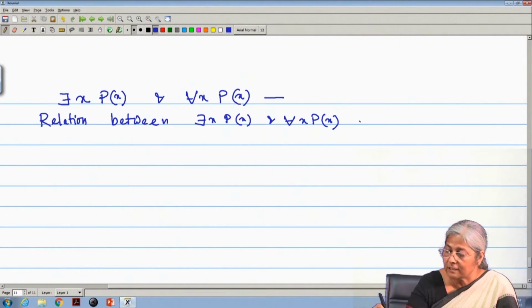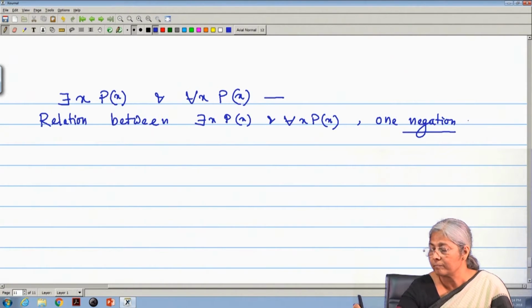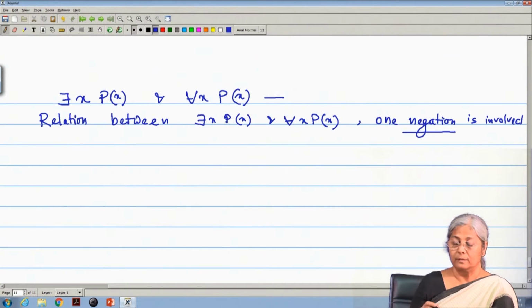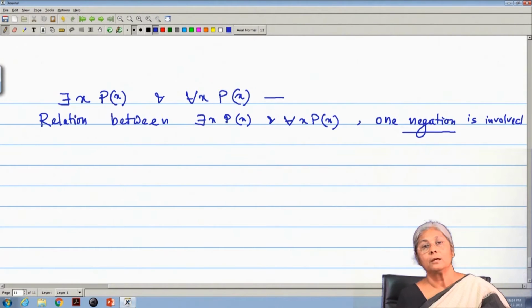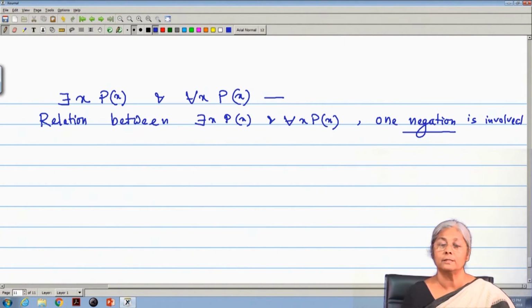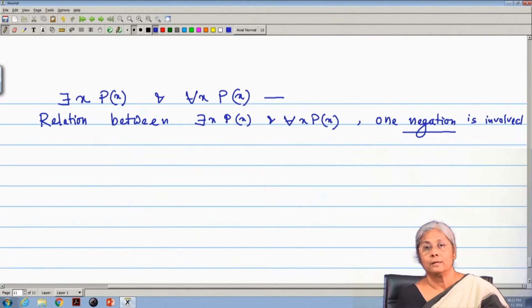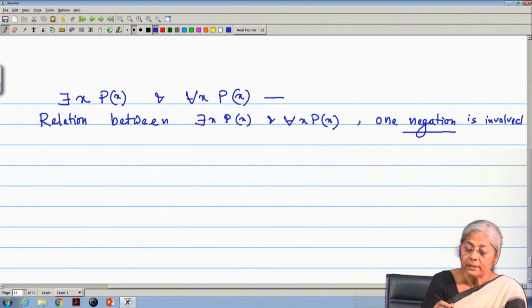One negation is involved. In the last example, we saw x by x square plus 1 greater than or equal to 1, and the negation is x by x square plus 1 less than 1. Then if one is written using there exists x, the other we can write using for all x. Now, how to find negation?